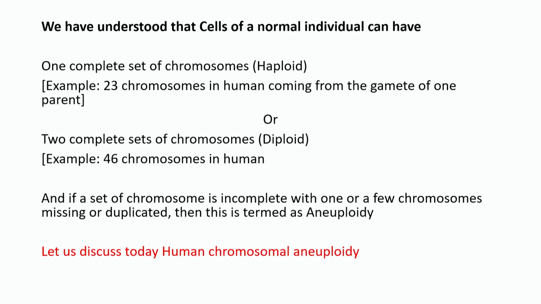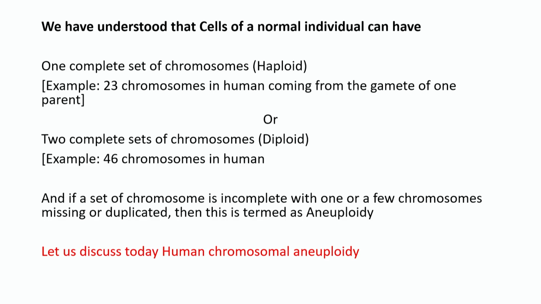We have already understood that cells of a normal individual can have either one complete set of chromosomes, that is haploid, for example 23 chromosomes in human coming from one gamete, or 2 complete sets of chromosomes, that is diploid, for example 46 chromosomes in human, the picture that we just saw.